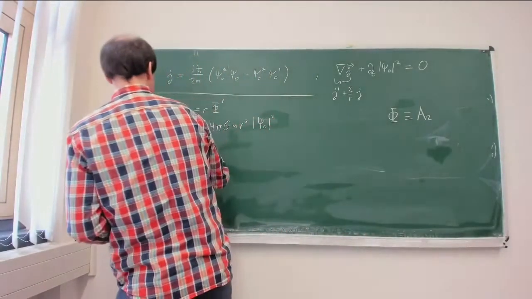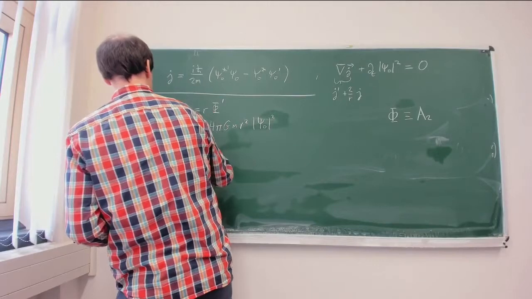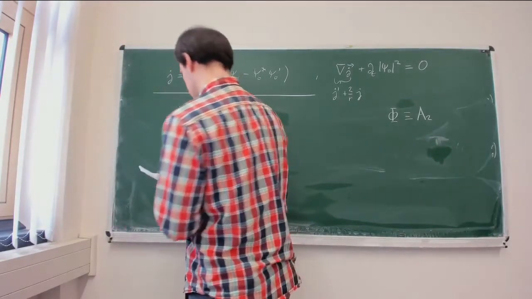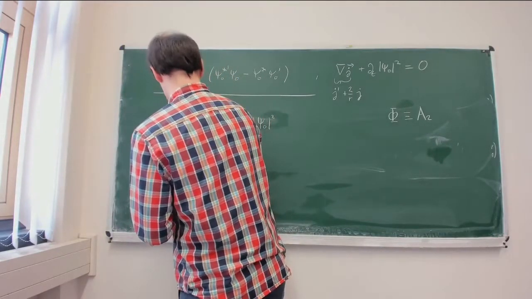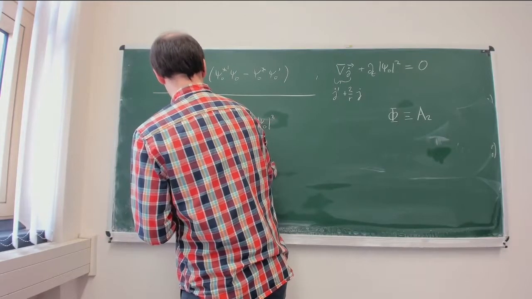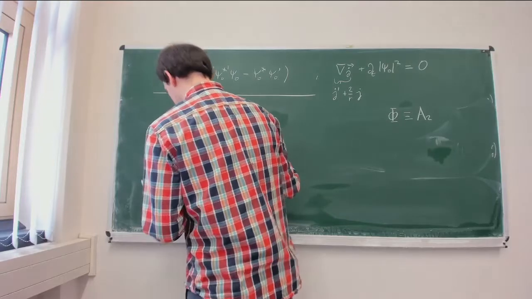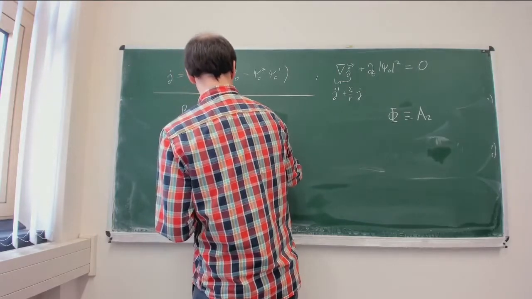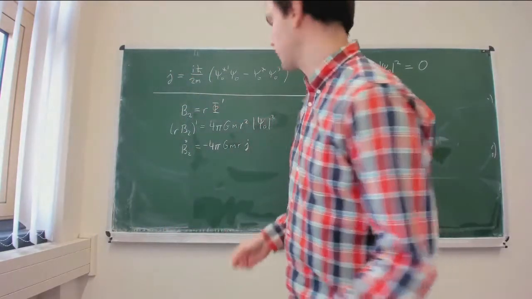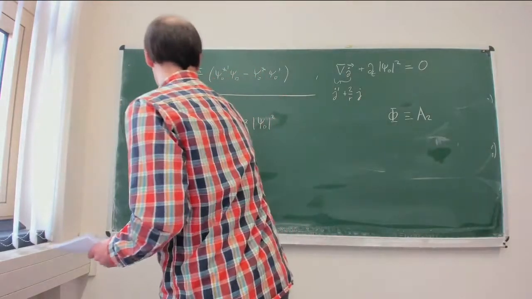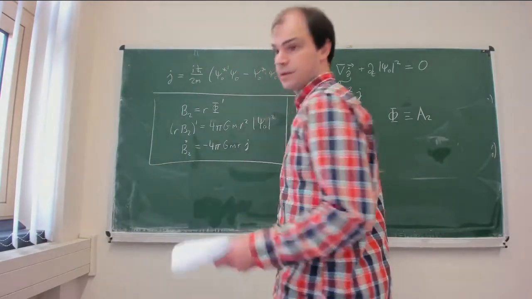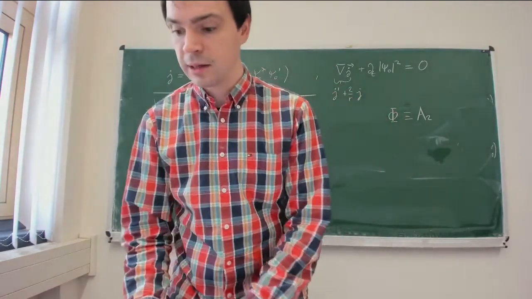And we find B2 dot equals minus 4 pi G M R J. Okay, so this system of 3 equations is now what we are looking at.